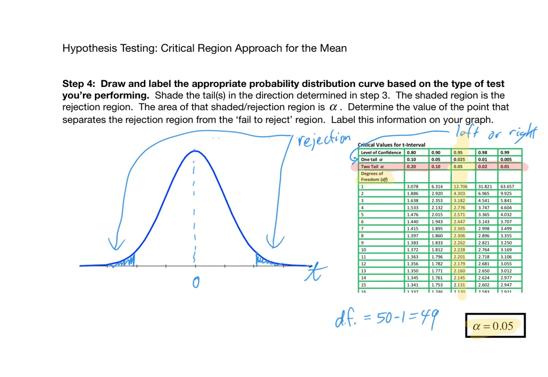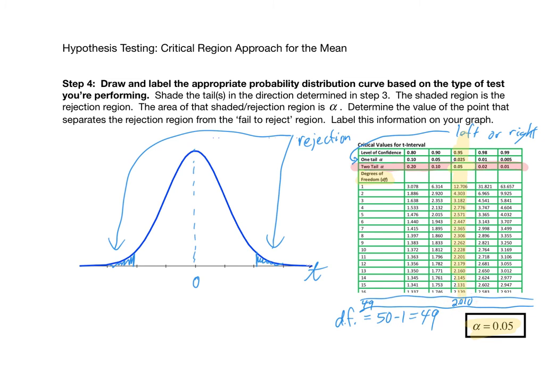When you look at the row with degrees of freedom 49 and see where that intersects with this column, you get specifically the number 2.010. So 2.010 is the critical value you get with alpha being 5% with a two-tailed test and with 49 degrees of freedom. This critical value is what's given to you in the table.